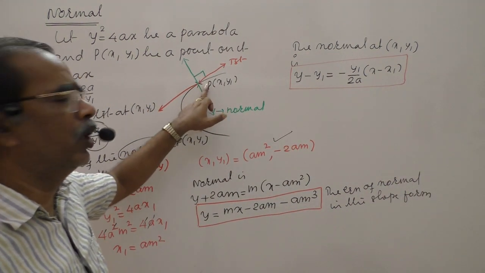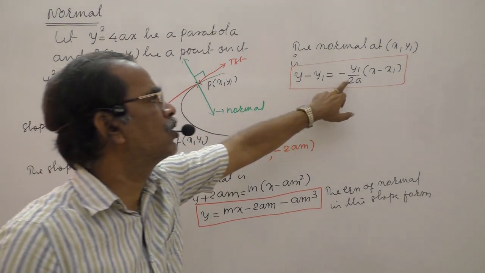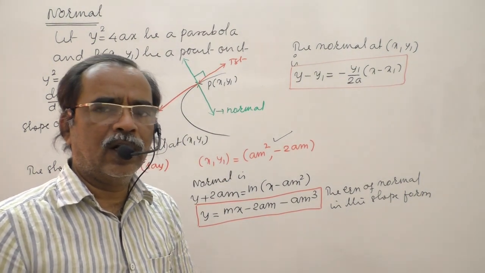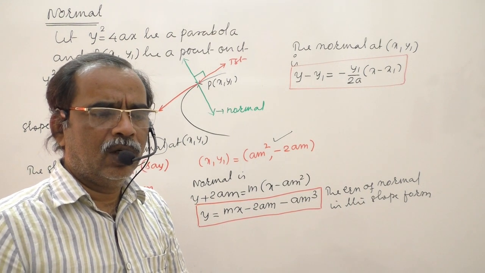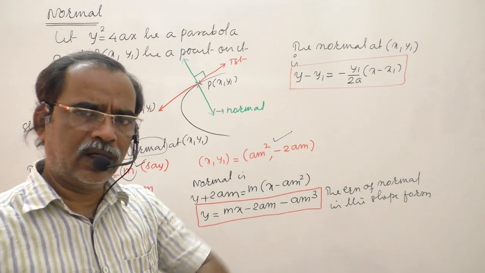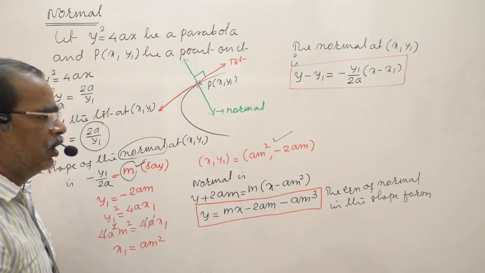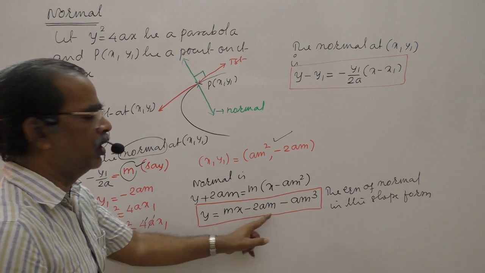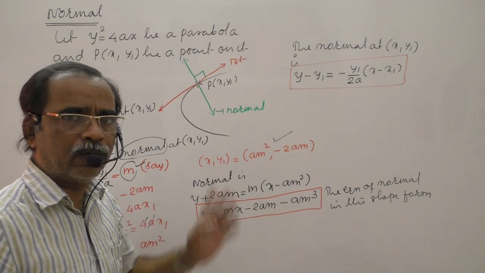If generally a point is given, how to find the normal? Find the slope of the tangent, using the tangent equation T equals 0, then the slope of the normal, then point slope form. Whenever the slope of a normal is available, you can use this equation of the normal in the slope form.